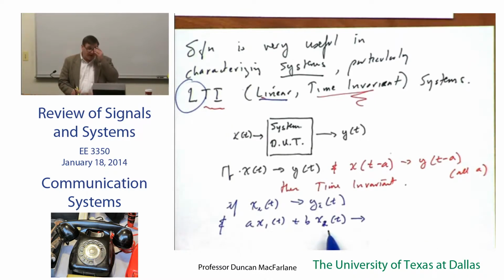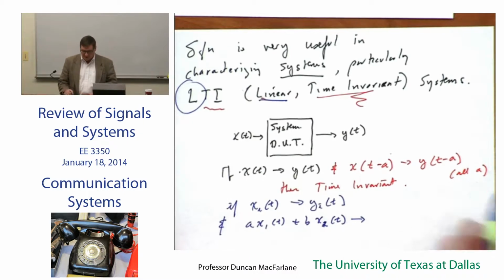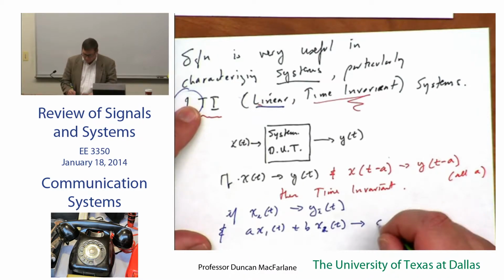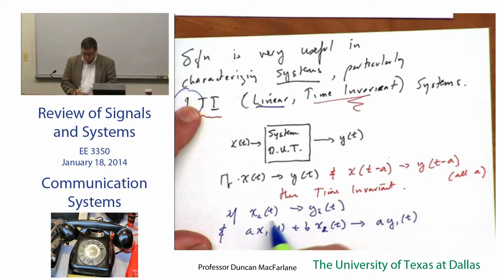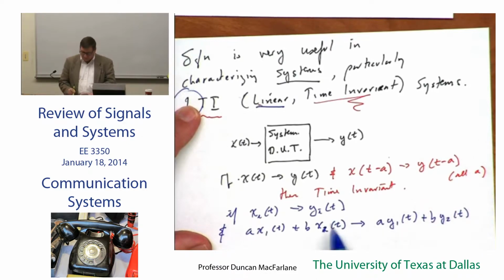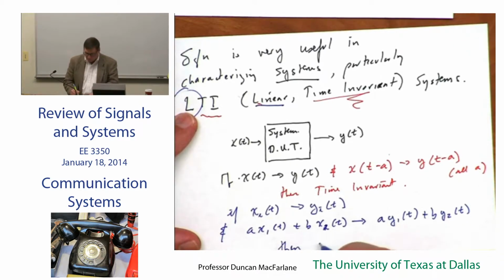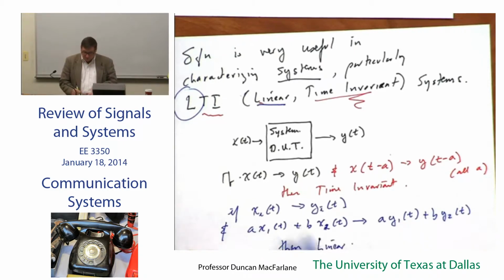So I have a cosine and a sine, or I have a delta function and an exponential, and I scale one up or down, I scale the other up and down. If the output is a y1 of t, x1 goes to y1, plus b y2 of t, x2 goes to y2, then we say this is what? Linear. Yeah, scalable is these scaling factors, and then additive is the superposition.